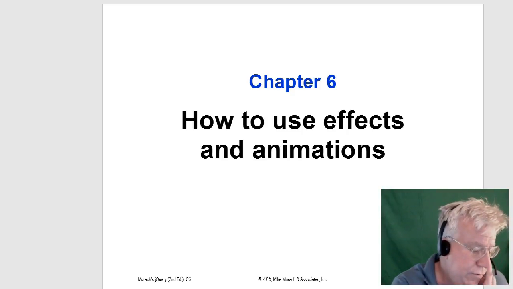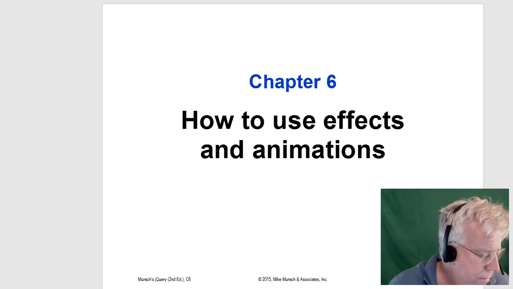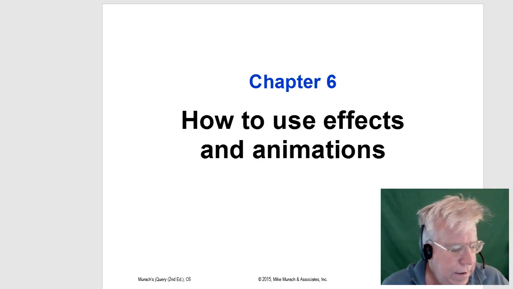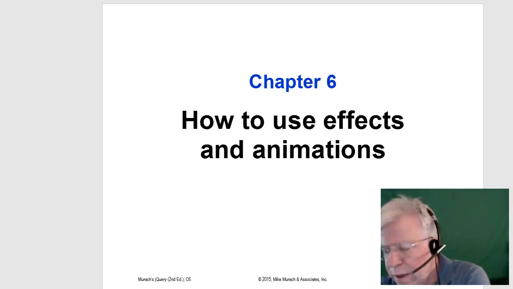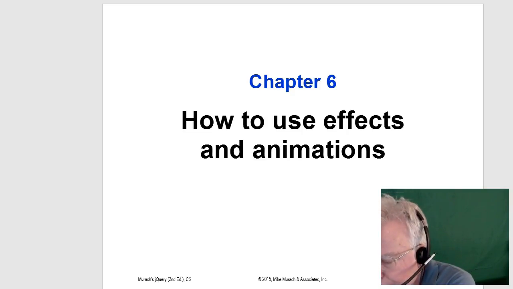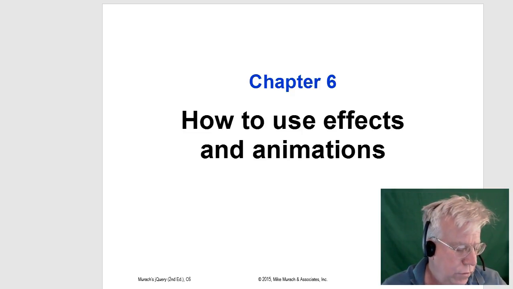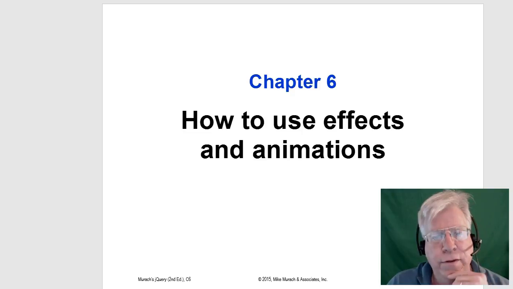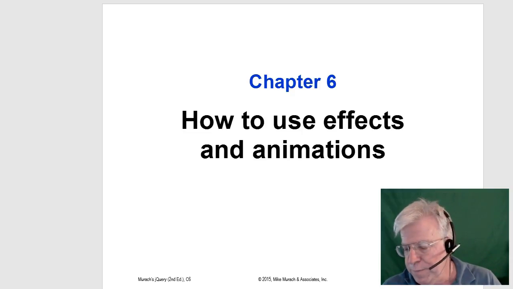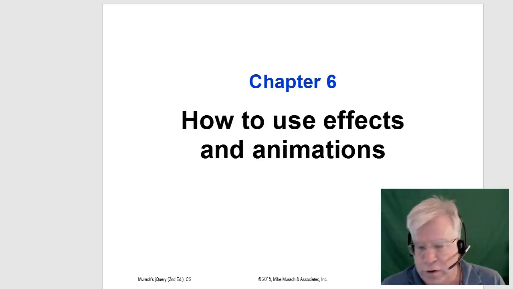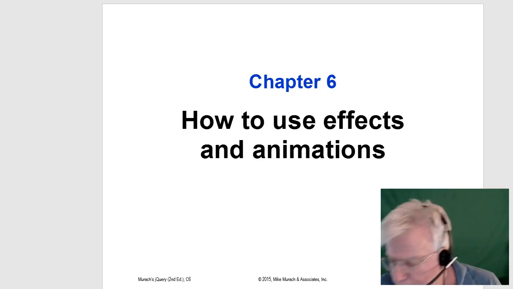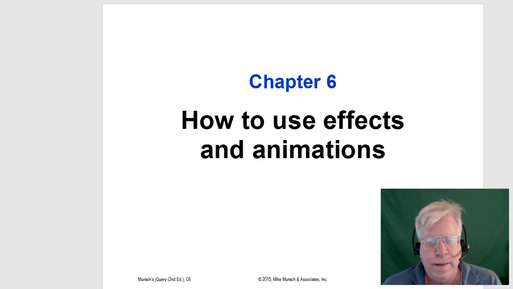We're now in Chapter 6, and I'm not going to be providing any examples like I did in the other chapters. The book has done a really good job of providing all the samples you need. Chapter 6 is only 27 or 28 pages long.